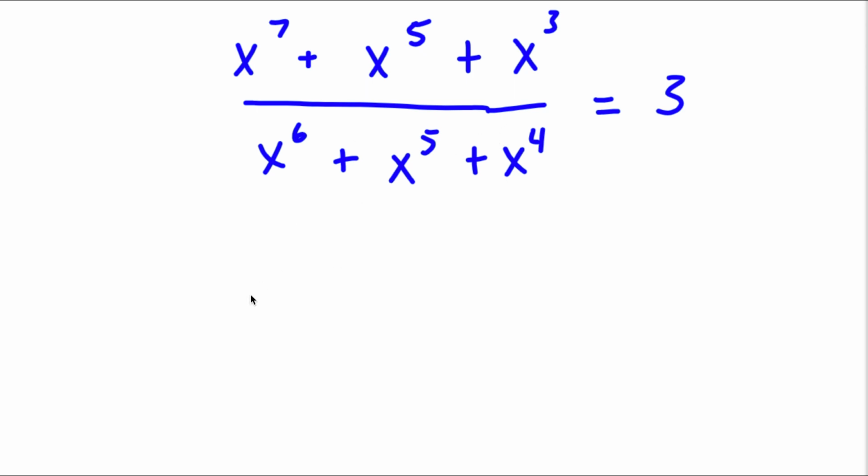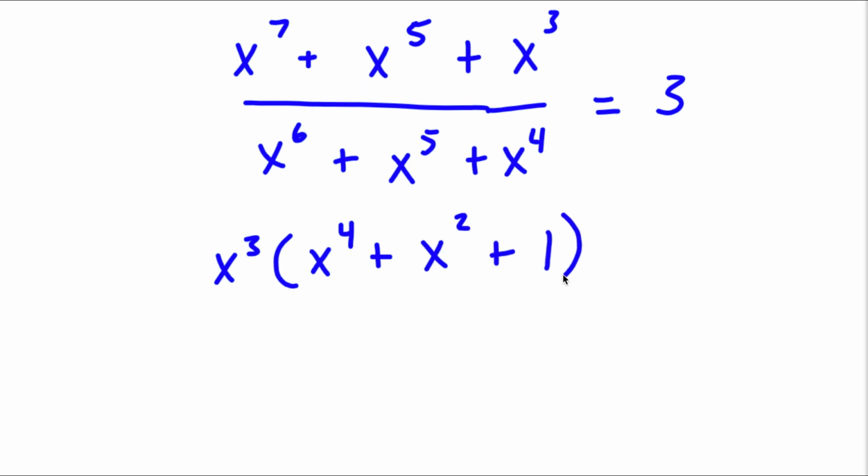So the first thing I'm going to do is factor out x^3 on both sides. Now I have x^3 in my numerator times x^7 divided by x^3, that's x^4, plus x^5 divided by x^3 is x^2, plus x^3 divided by x^3 is simply 1.